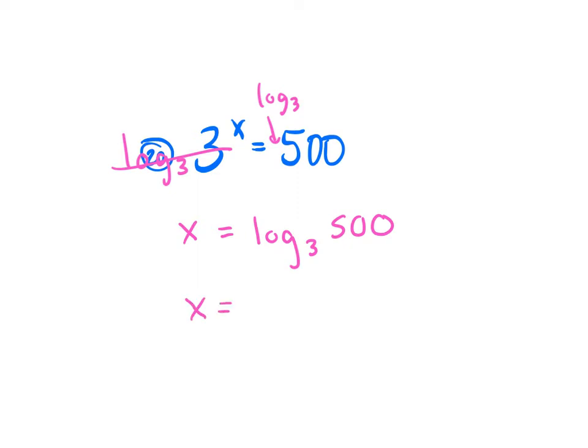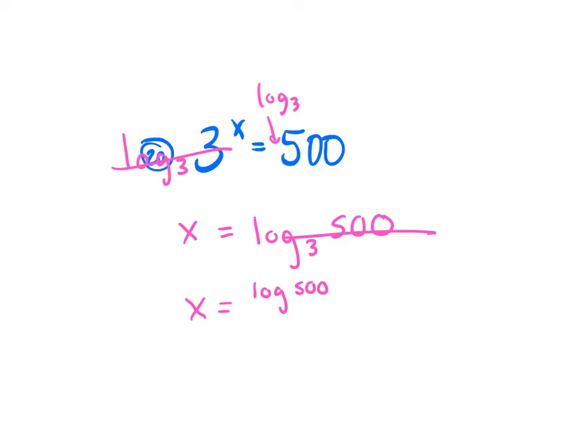How can we put log base 3 of 500 into our calculator? You can put it as log of 500 over log of 3. Which one goes on top? The 500. Remember, the 500 is higher, so it goes on top.